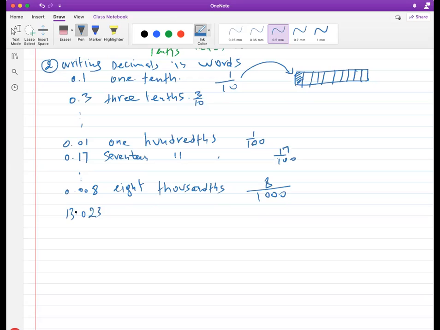So 13, the decimal point we read as "and." So 13 and what? It's kind of close to this. 13 and 23 hundredths. Not hundreds, so we have the tenths, hundredths, and the thousandths. No, thousandths, sorry. Right? So I'm going to say 13.